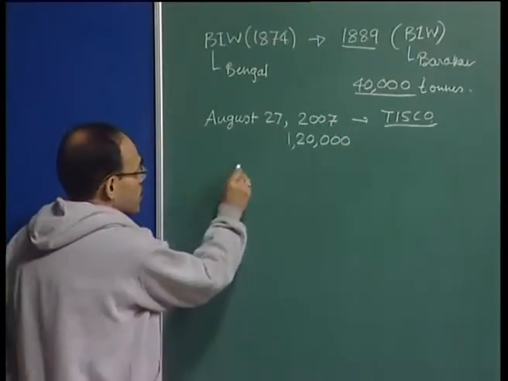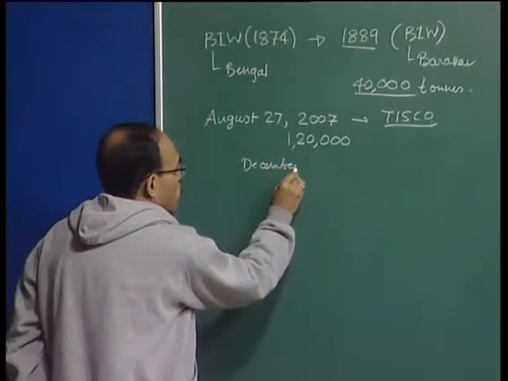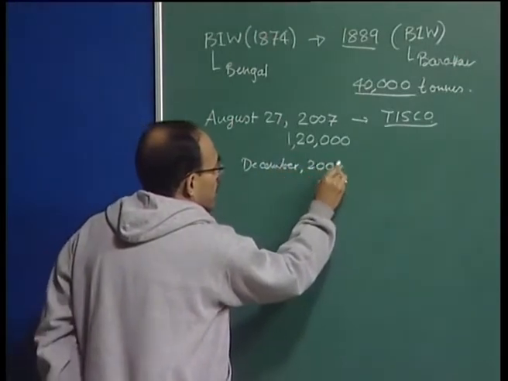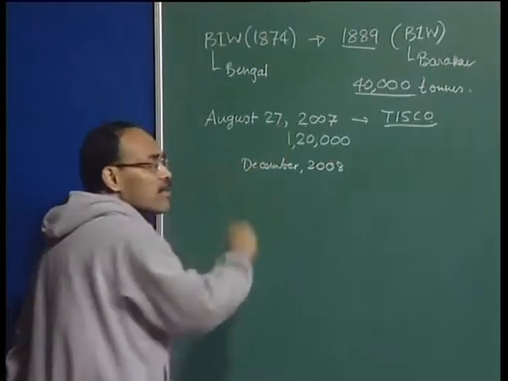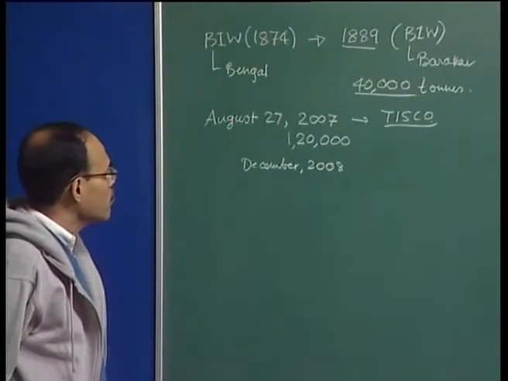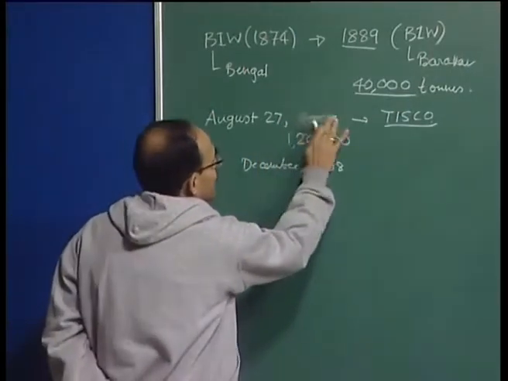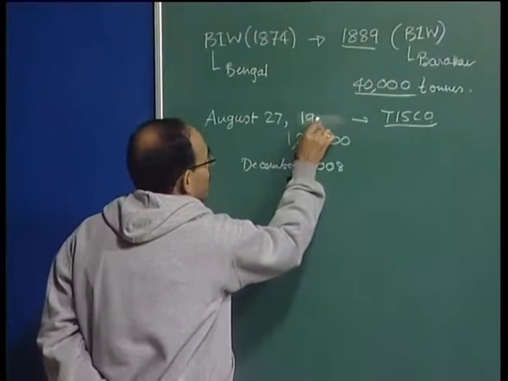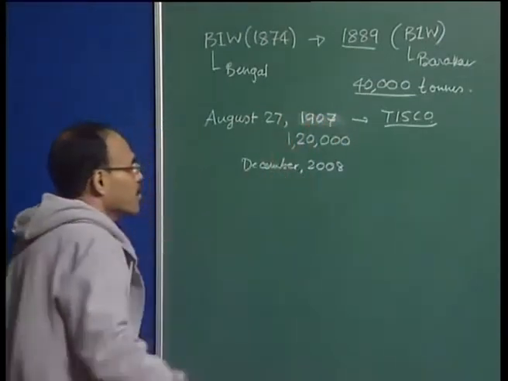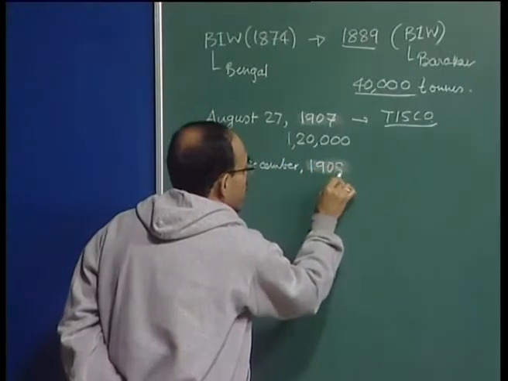The first product rolled out sometime around December 2008. That's the time when TISCO produced the first steel. This is 1907 actually, I'm sorry, yes, so this is 1908.